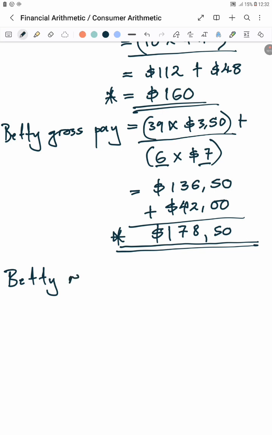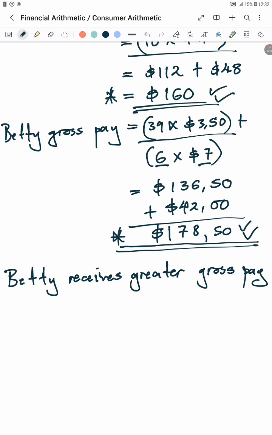Betty receives greater gross pay, because we can clearly see $178.50 is more than $160.